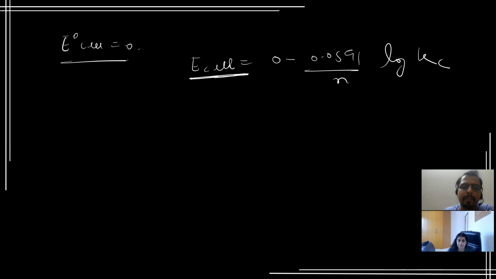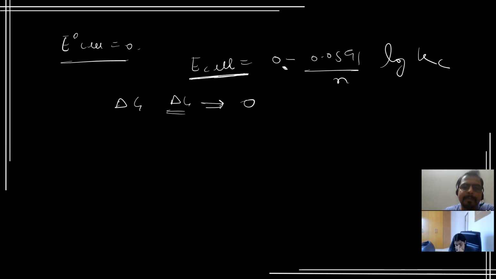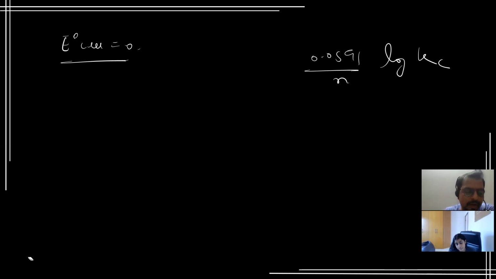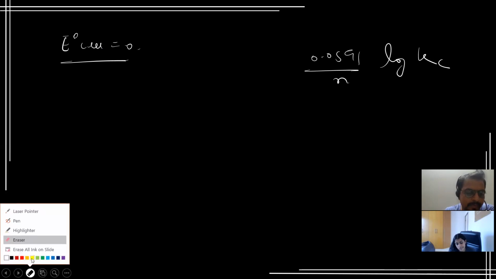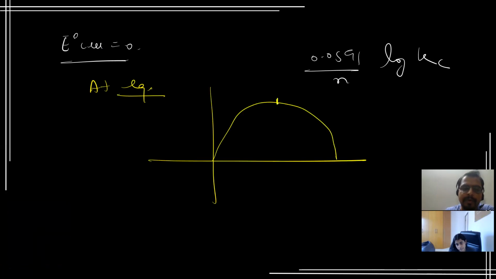Actually, just a moment. Delta G is the change in Gibbs free energy. When we talk about delta G naught and delta G at the equilibrium position, this is the graph of equilibrium, where the peak comes.